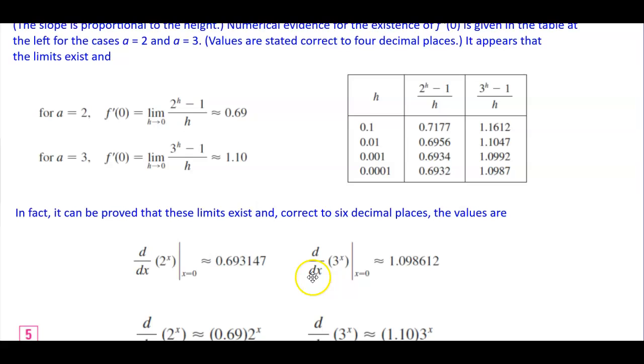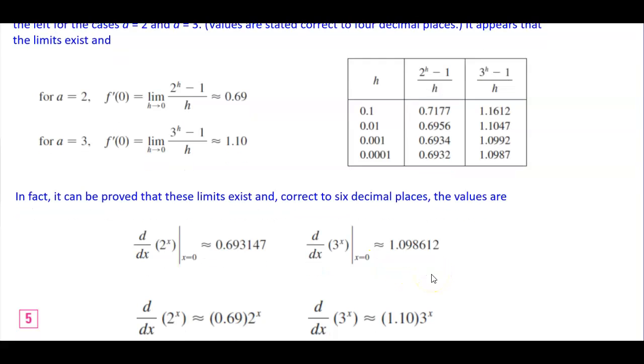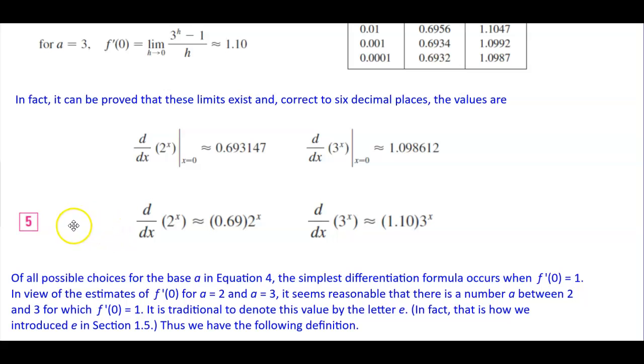The derivative with respect to x of 3 to the x when x is equal to 0 is approximately 1.098612. So, in definition number 5, we say the derivative with respect to x of 2 to the x is approximately 0.69 times 2 to the x. The derivative with respect to x of 3 to the x is approximately 1.10 times 3 to the x.